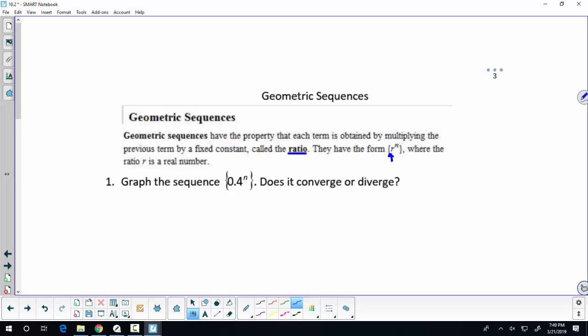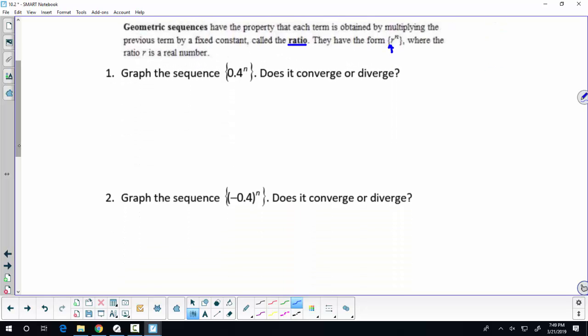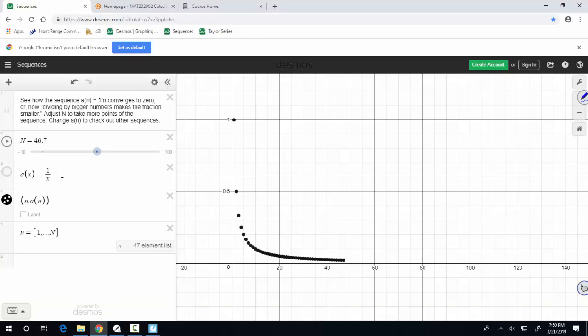Where the ratio is any real number, what we want to pay attention to is what ratios give us convergence and what ratios give us divergence. So graph the sequence and determine if it converges or diverges. We could do this long-handed and plot a bunch of different points, but it's highly inefficient. So we'll just plot it here.